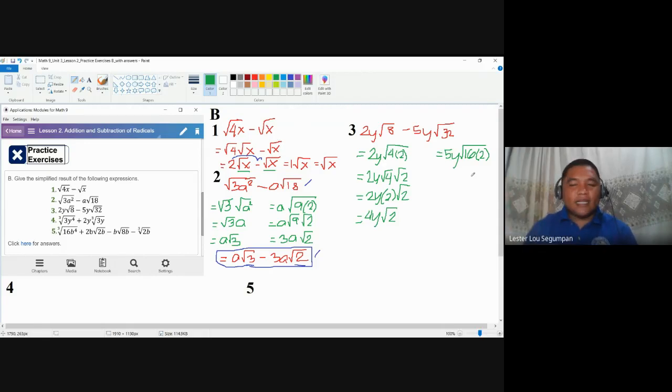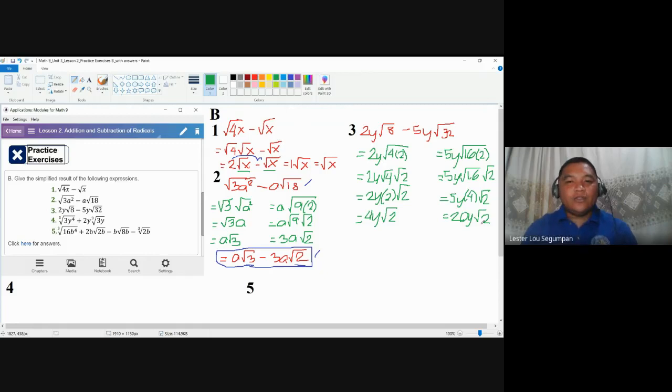So that's another step, but I would choose 16. So you have 5y square root of 16 and square root of 2. Square root of 16 is 4. Multiplying the three items here, you have 20y square root of 2.